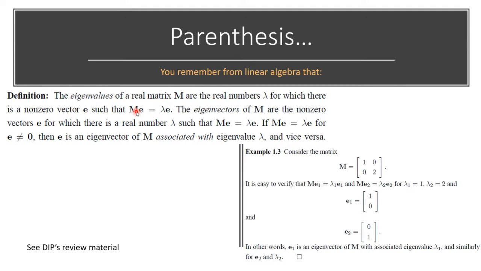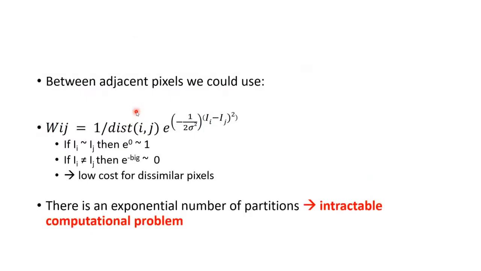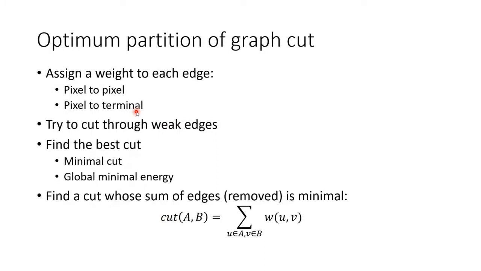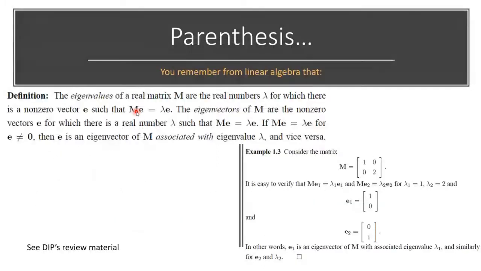We are going to use these characteristics to solve the graph cut problem, how to partition a graph. In the next lectures, this is also essential to understand some very modern, very important feature detection algorithms.